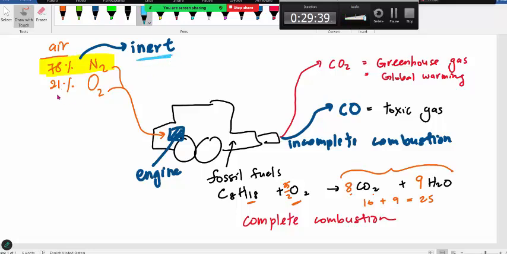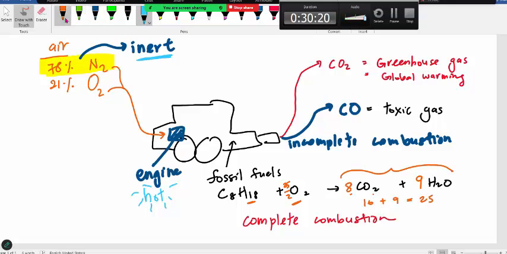However, when the nitrogen and oxygen get sucked in, they will be forced to react because the engine is very, very hot.